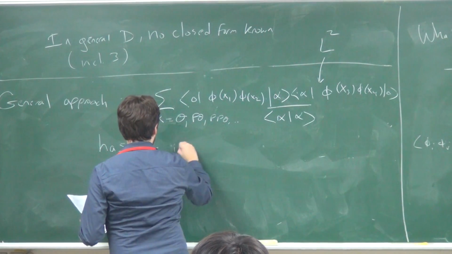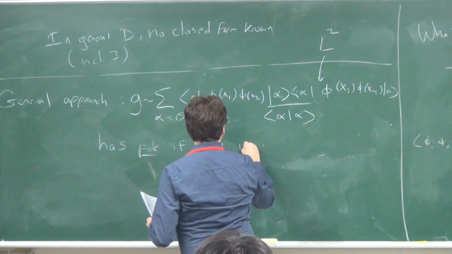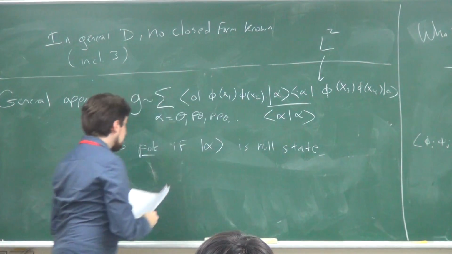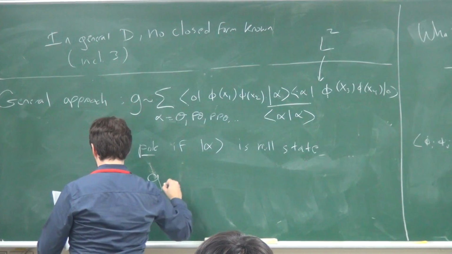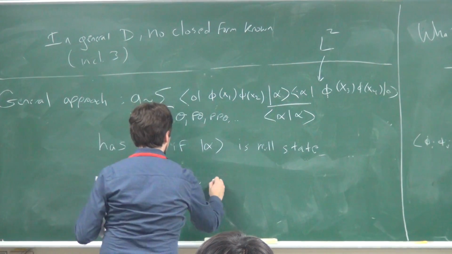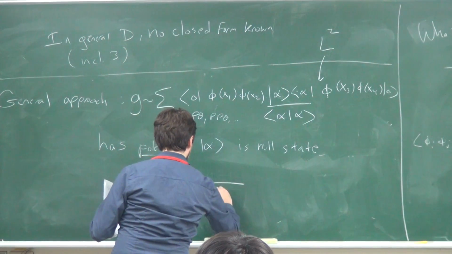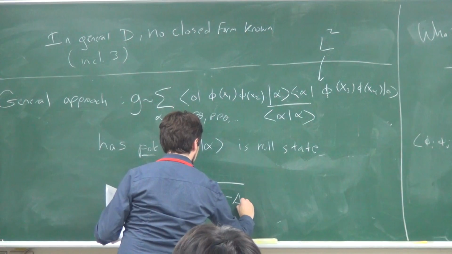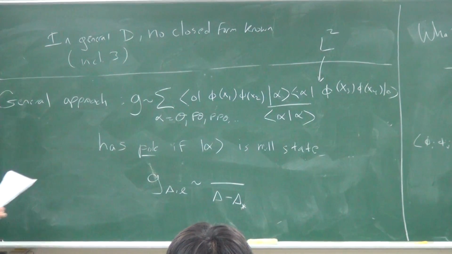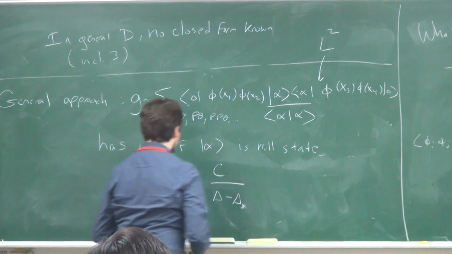So the conformal block has a pole if alpha is a null state. And this means that G of delta and L goes like 1 over delta minus some critical value delta star, where there's a coefficient.